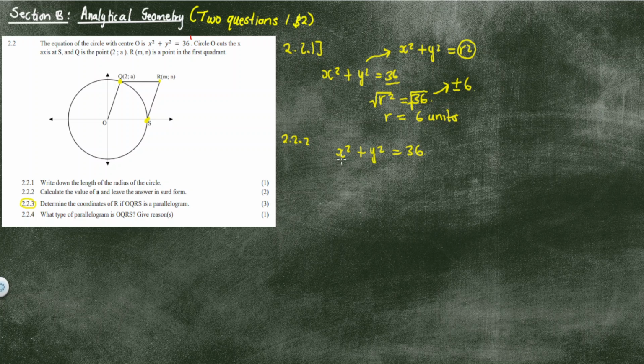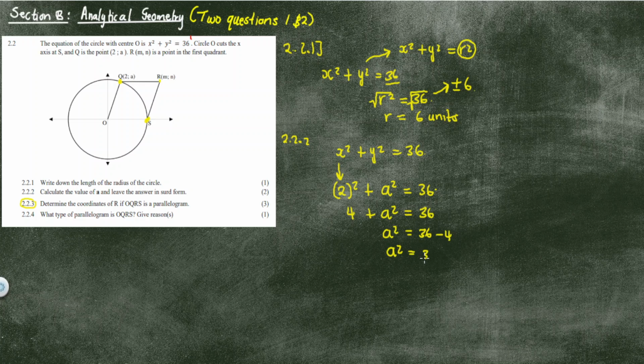Where there's x, you substitute 2 squared, plus where there's y, you substitute A, so it's A squared equal to 36. Then from here it's obvious, you just need to solve for A. So it's 4 plus A squared is equal to 36. We transpose 4, it's now A squared equal to 36 minus 4.